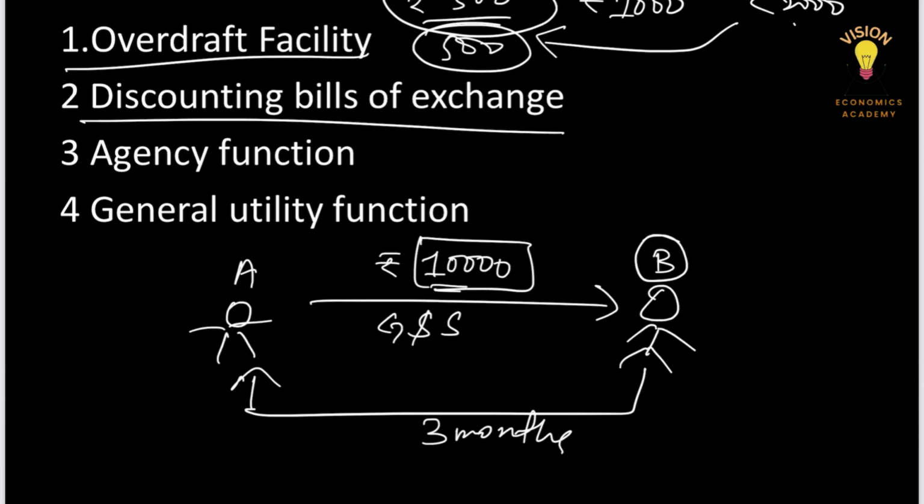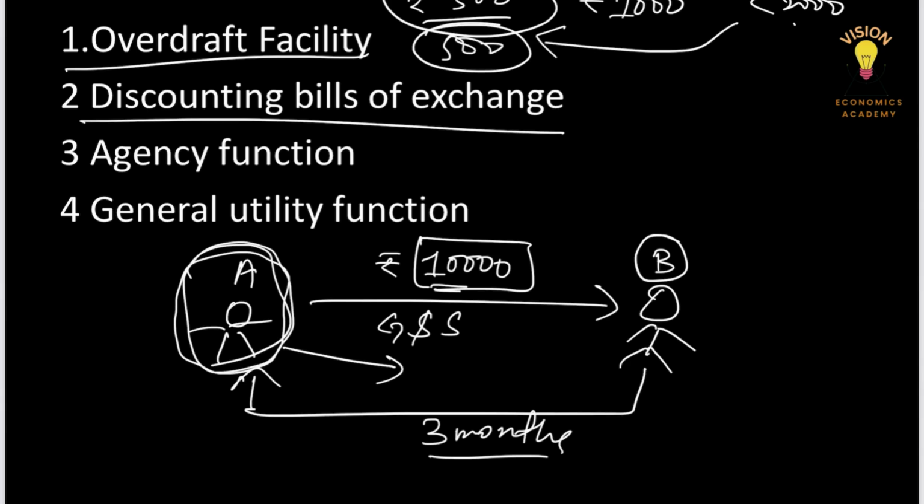Now the bank comes into the picture. They come to an agreement that B will pay after 3 months. But if A needs money before the maturity, A can go to the bank and withdraw the money, of course. Before the maturity, the bank will not give the full amount.